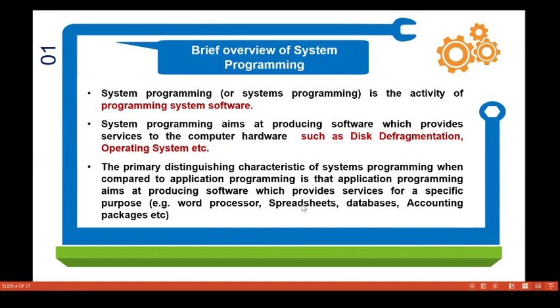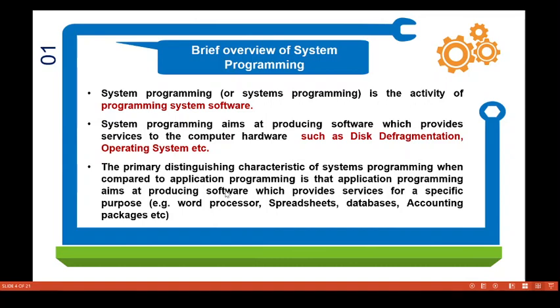Spreadsheets, such as Lotus 123, Microsoft Excel, and so on. Databases, software like Microsoft Access, Oracle, and so on. Accounting packages, and many more. So any software that is designed for a specific purpose is what we call application software.